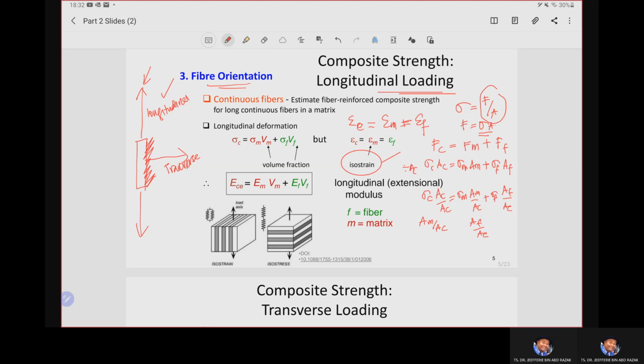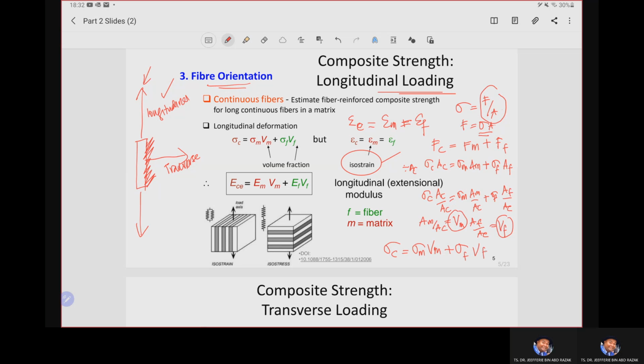Consider that in this composite, the matrix and the fiber phase lengths are all equal. So AM over AC is equal to the volume fraction of the matrix, VM, and AF over AC is the fibers volume fraction, VF. We can substitute VM and VF into the equation, and our equation becomes sigma C equals sigma M VM plus sigma F VF.